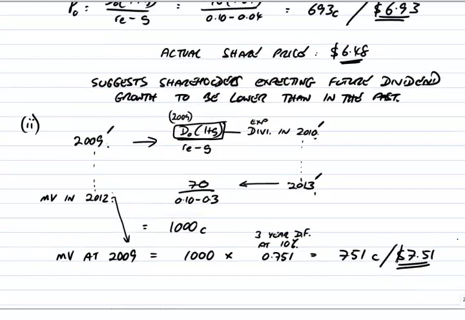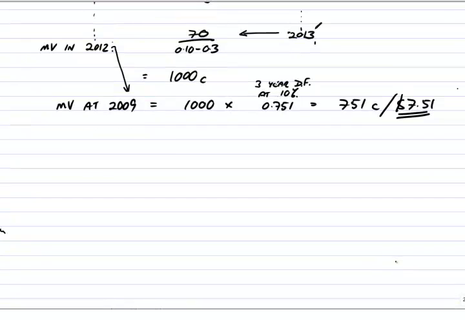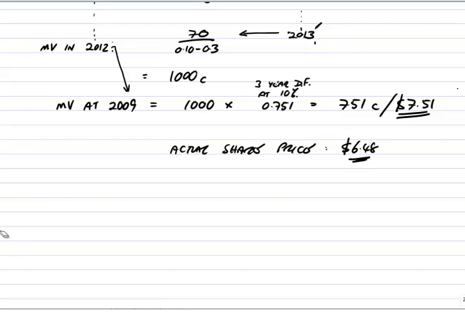He wanted us to calculate and comment. Well, again, how does that fit in with the actual share price? The actual share price is $6.48. Why is it lower? Well, of course, it's because shareholders don't have the information. In theory, if shareholders knew what was going to happen, and obviously believed it, then the share price would have gone to $7.51.